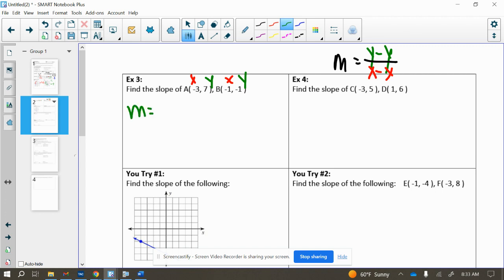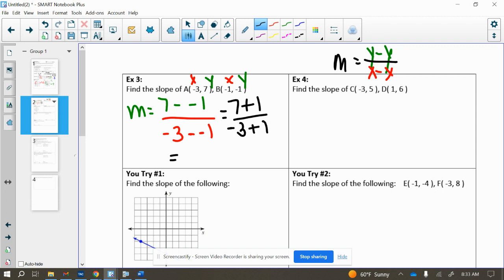So y minus y divided by our x minus x. When we simplify them, whenever you subtract a negative, it's the same thing as addition. Same thing on this bottom one, negative 3 minus negative 1 will be plus 1. So we end up with 8 over negative 2, which reduces to just be negative 4.